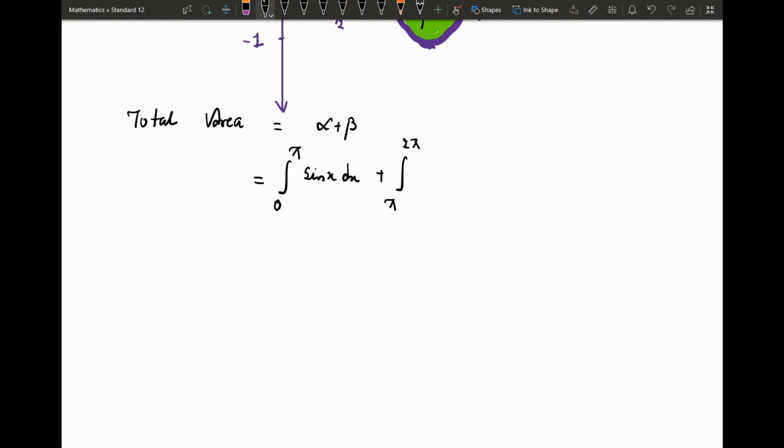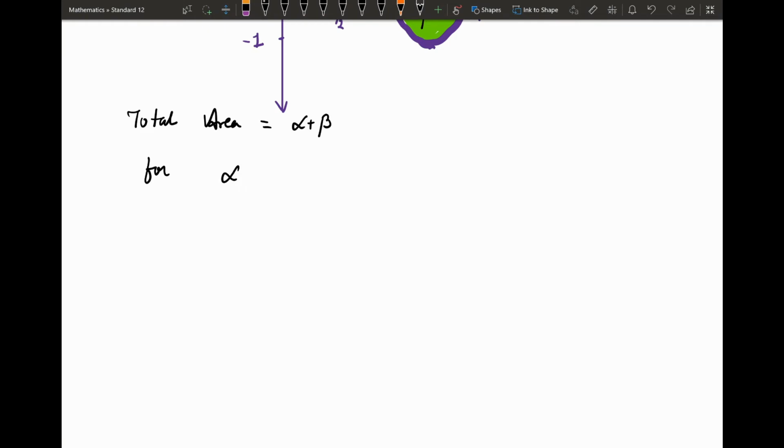If we do not put in the modulus, we will find separate areas. Total area equal to alpha plus beta. For alpha, A equal to mod I. We will put in the modulus because in pi to 2 pi y is negative, so there will be a modulus, otherwise the area will be negative.